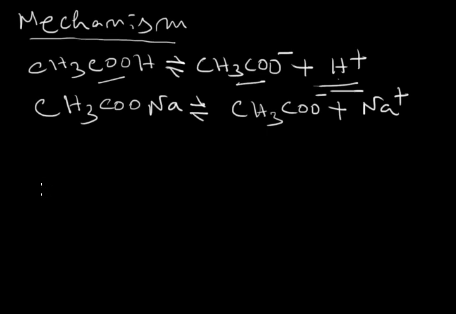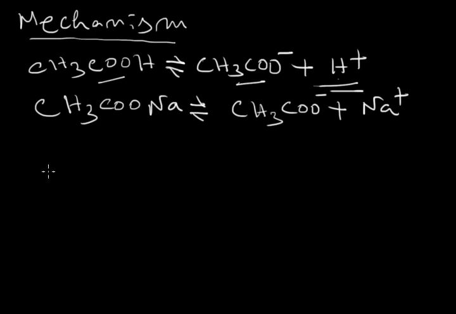As for example, if you add 50 H plus ions, then 50 H plus ions will react with 50 acetate ions to form 50 undissociated acetic acid. In this way, the concentration of H plus remains the same, though you add 50 H plus ions from outside.